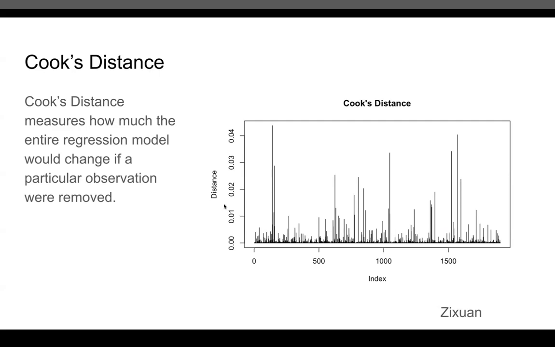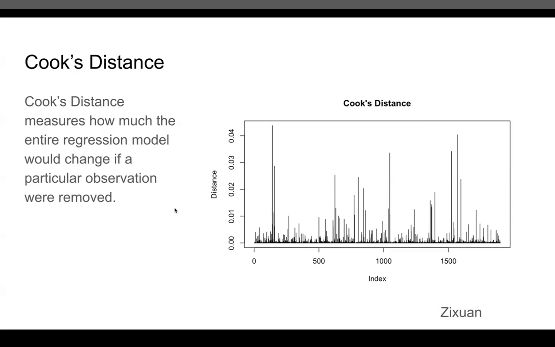And we apply this model showing that there are several observations that quite deviate from the mean value, but the distance range is within the 0.05, which shows that they are not so influential as an outlier.